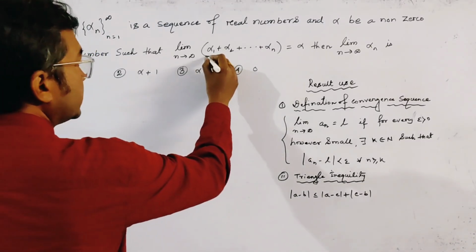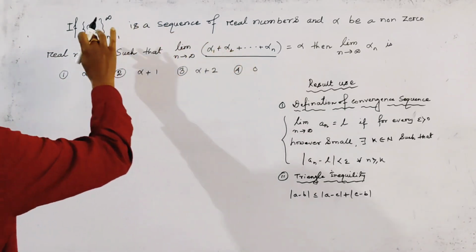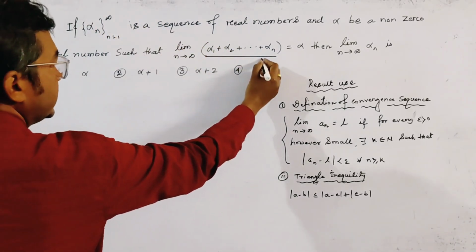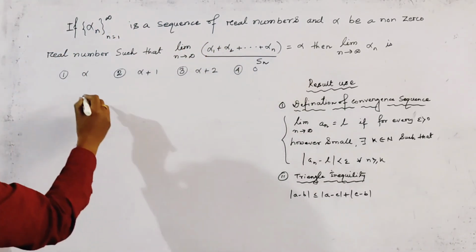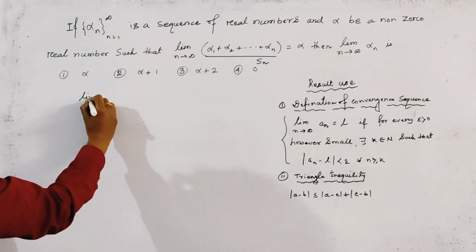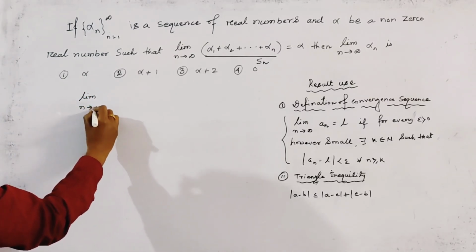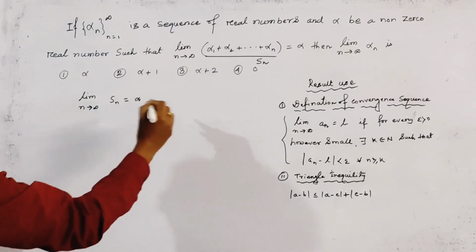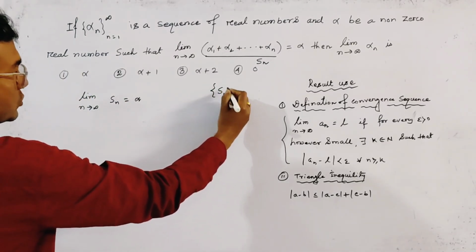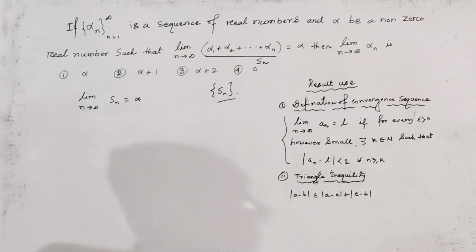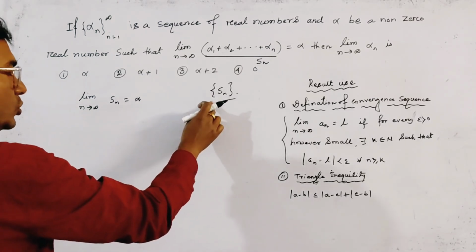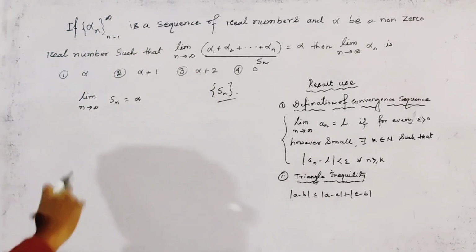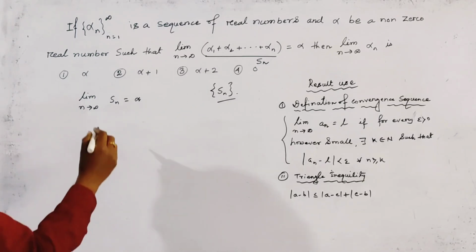Now if we write the sum of the first n members of this sequence as S_n, then we can write that the limit as n tends to infinity of S_n is equal to α. Here S_n is also a sequence of real numbers, the sequence of nth partial sums, right?